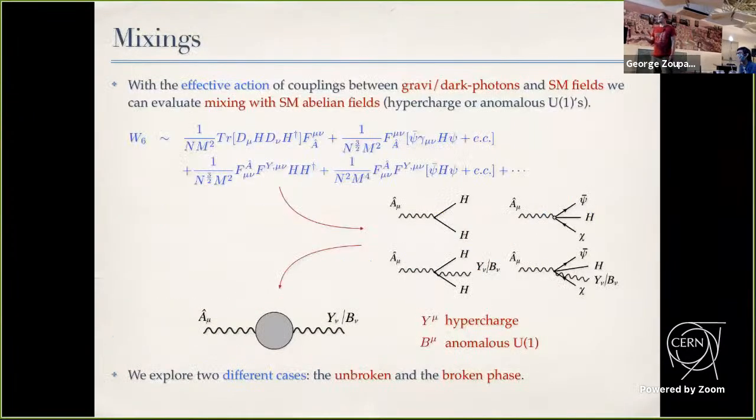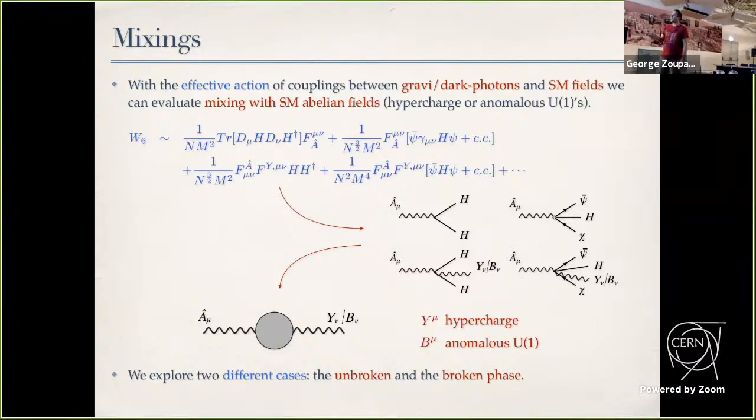Having at hand an effective action of these dark photons with the standard model fields, we can try to study mixings with the abelian fields of the standard model, like the hypercharge, or an extension, as I say, Z prime kind of fields, anomalous ones.